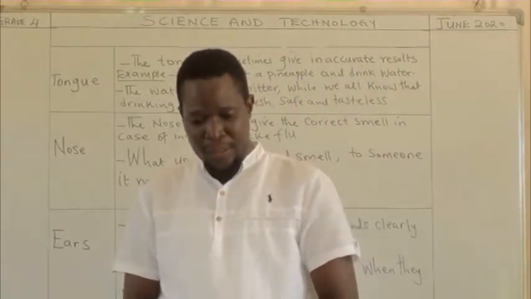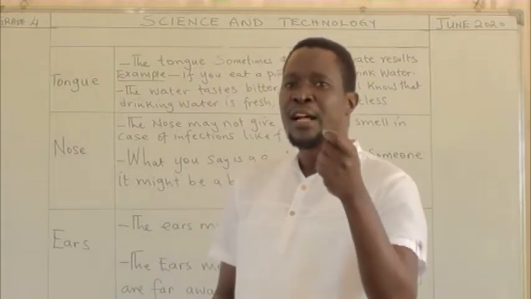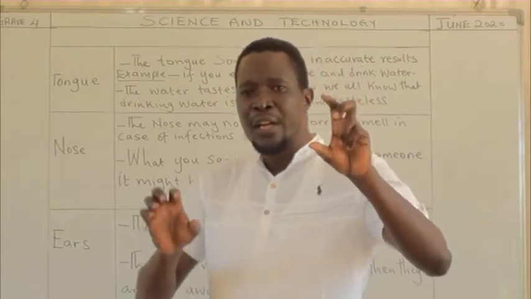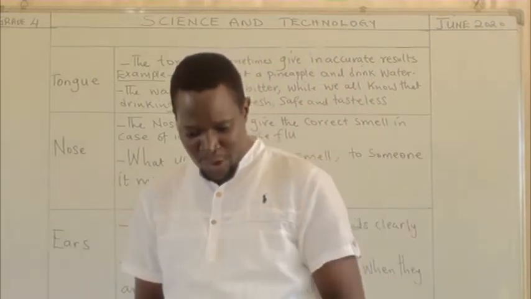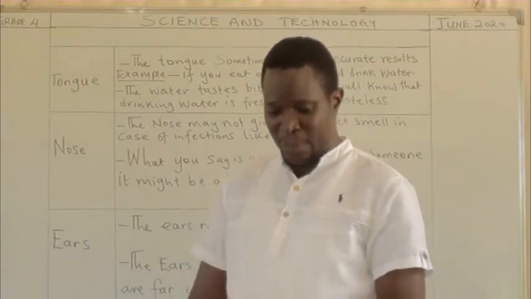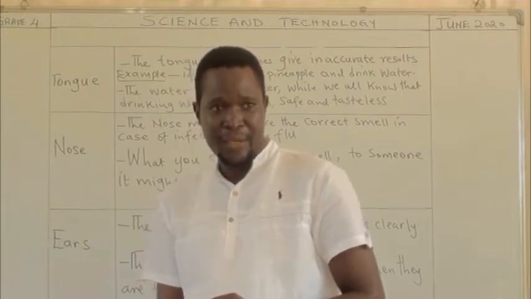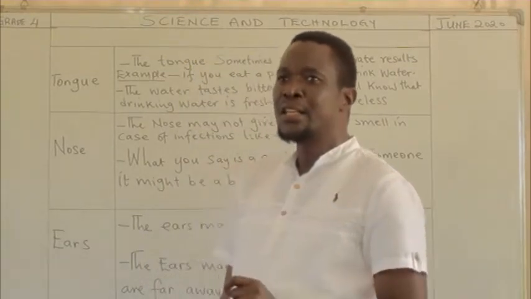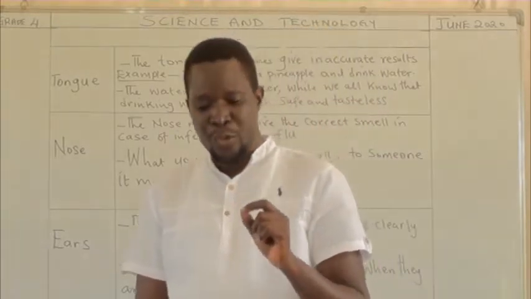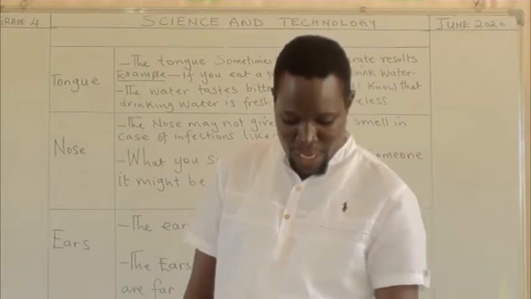Now, when we use the eye to estimate the length of an object, it will not give us the correct measurement, right? And for us to get the correct measurement, we use a tape measure or a ruler, right?